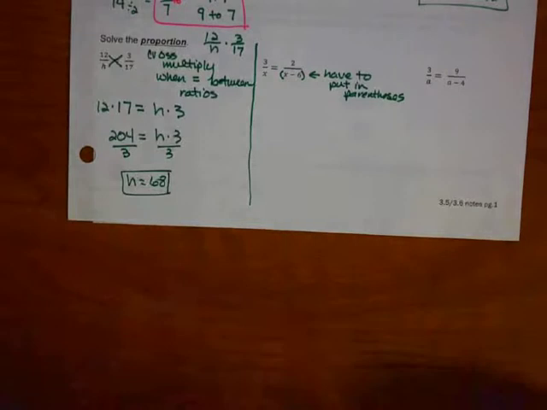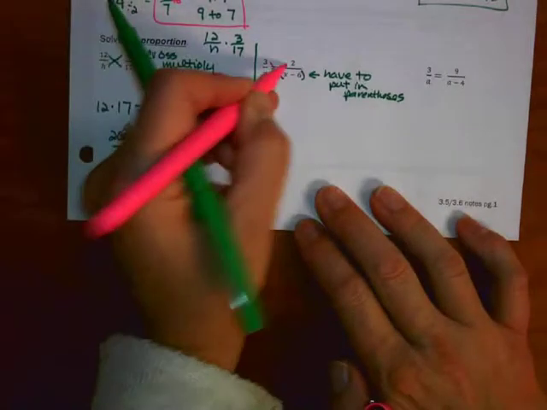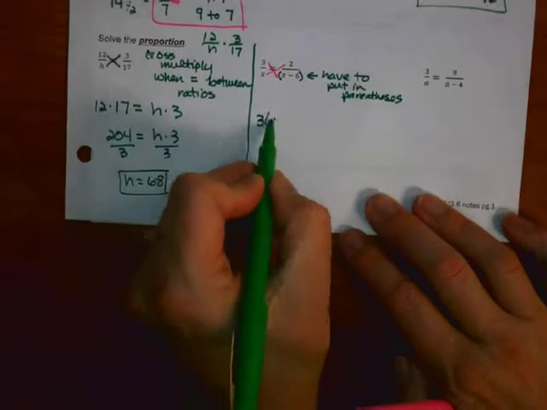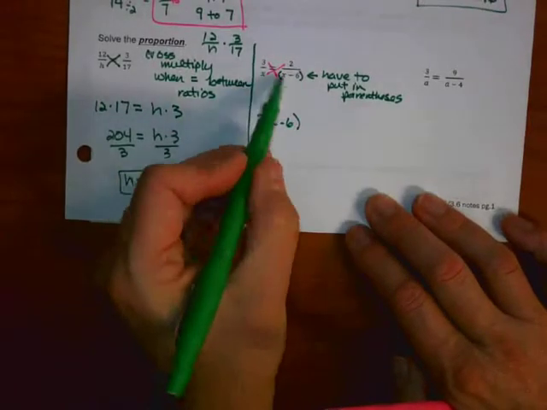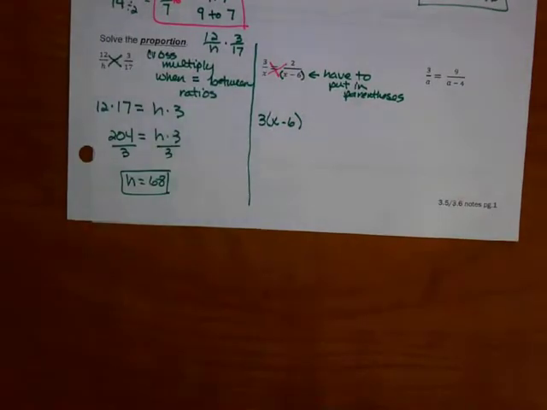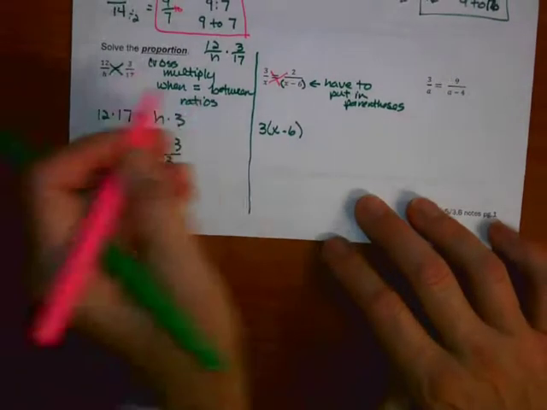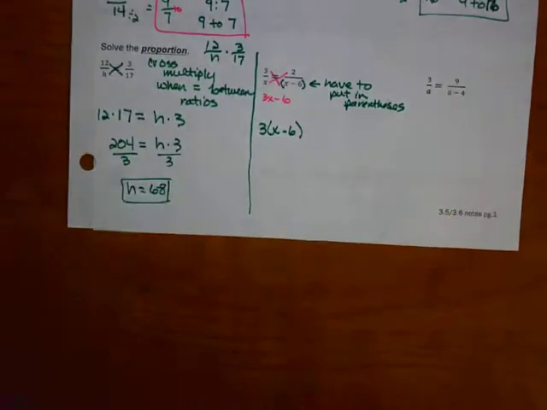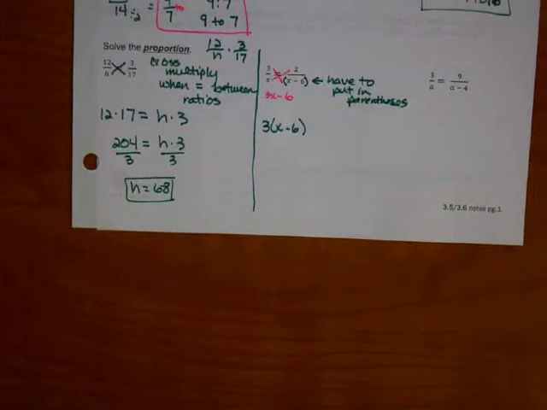Then you can set up your cross multiply. So I have 3 times x minus 6. That's this times this. That is not the same as, don't write this down, that is not the same as this. You will get it wrong if you don't put parentheses in there. They're different.